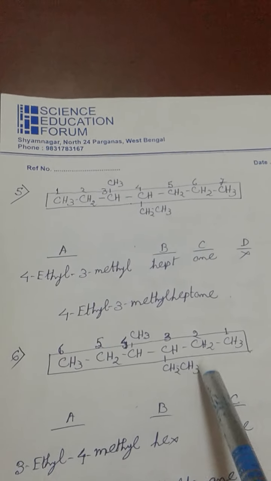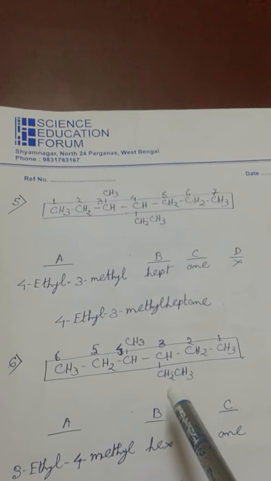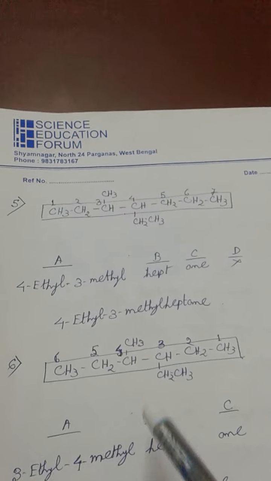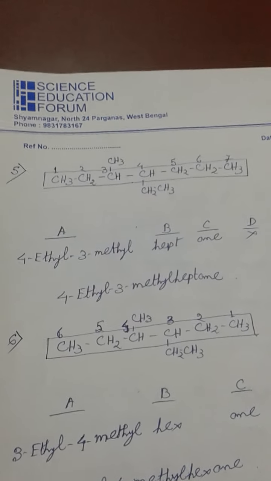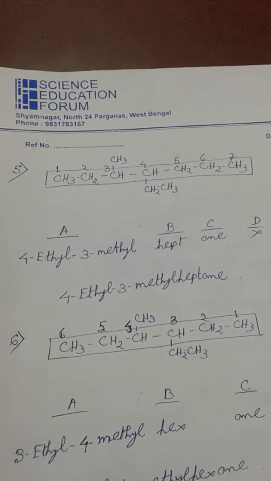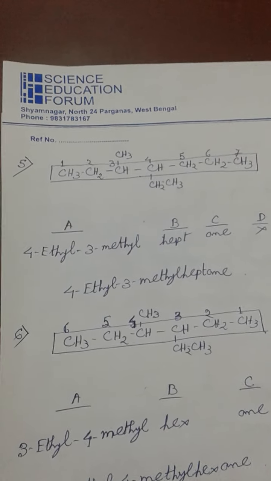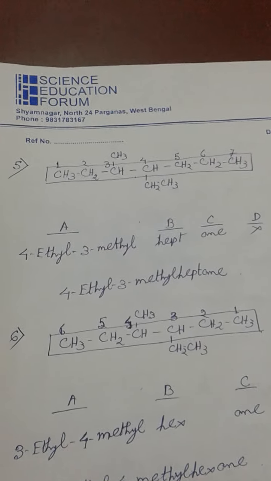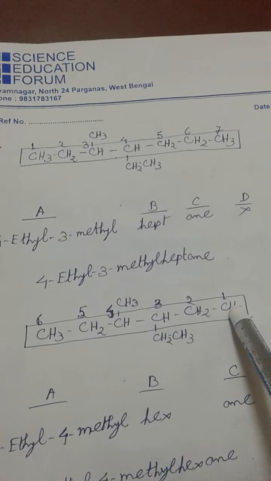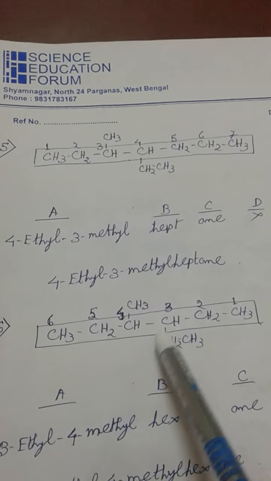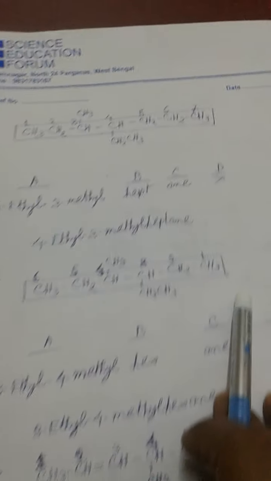But here we must notice, when the locants are the same from both sides, as alphabetically ethyl comes first, ethyl precedes methyl, so ethyl must have the lowest locant. So we must start from the right side, then we write 3-ethyl-4-methylhexane.